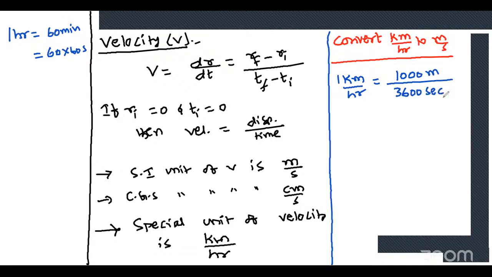Upon calculation, we'll get 1 kilometer per hour equal to 5 by 18 meter per second.